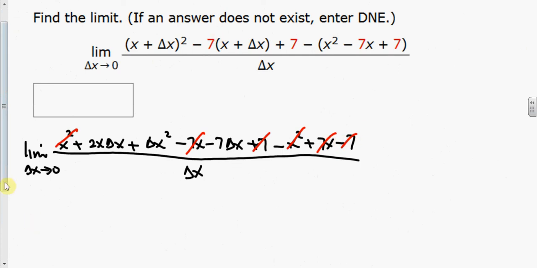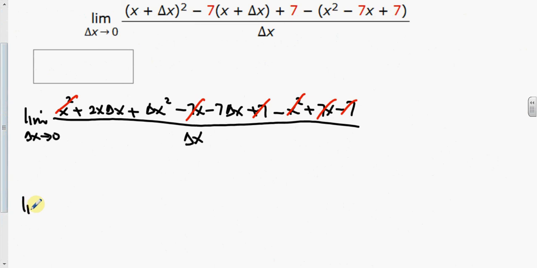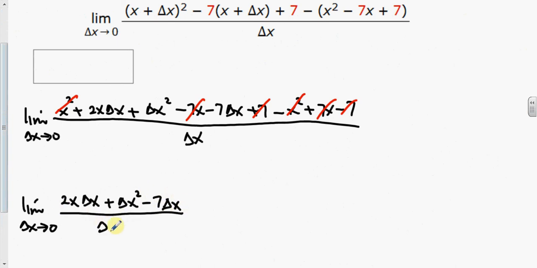So what's left is the limit as delta x goes to 0 of 2x delta x + delta x squared − 7 delta x, all over delta x. You can factor delta x from the numerator. It doesn't factor out of the limit, but you can factor it over.